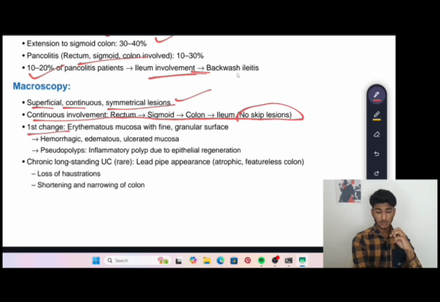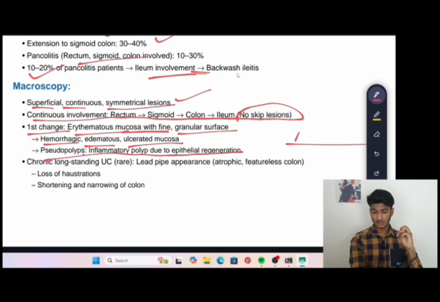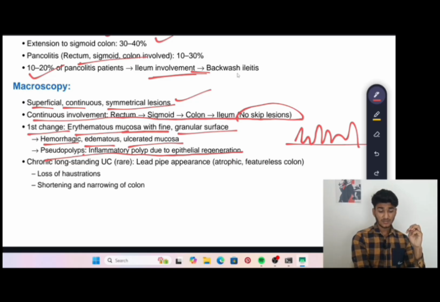The first change you will see is erythematous mucosa with fine and granular surfaces, hemorrhagic edematous ulcerated mucosa, and pseudopolyps, inflammatory polyps due to epithelial regeneration. You will see basically this polyp-like structure there. And if there is chronic, long-standing ulcerative colitis, it will show you lead pipe appearance.